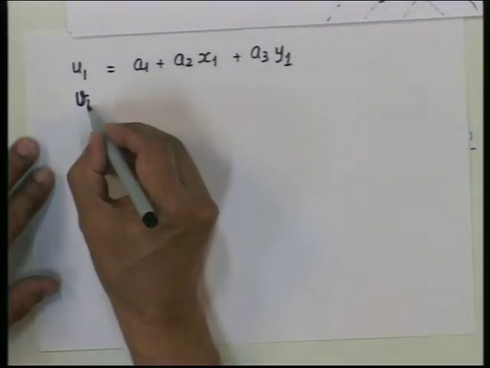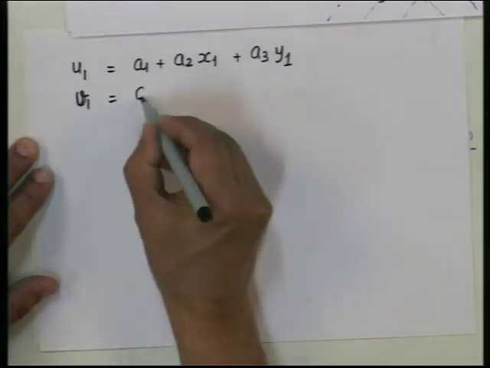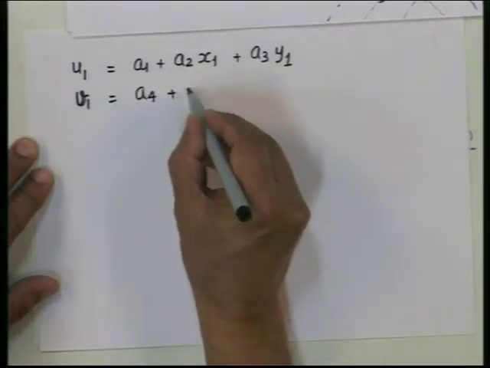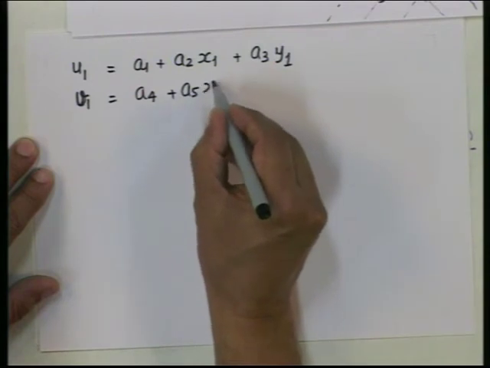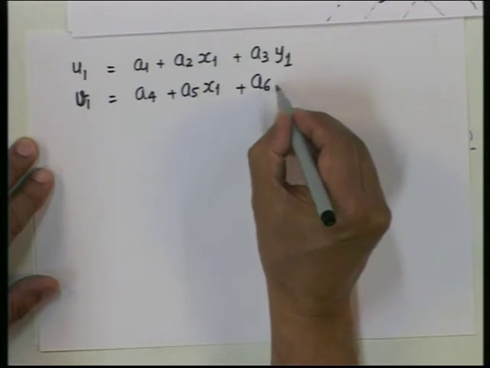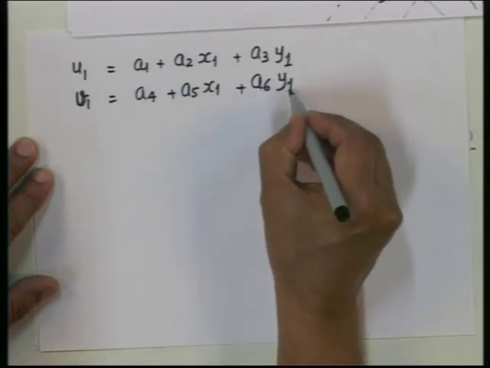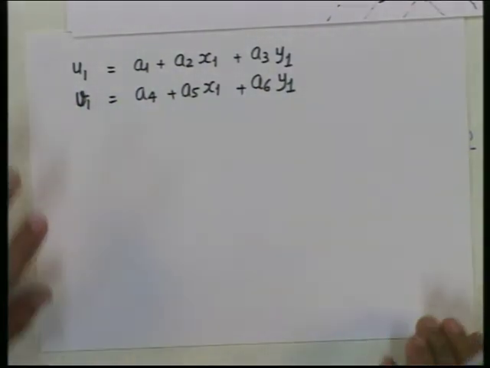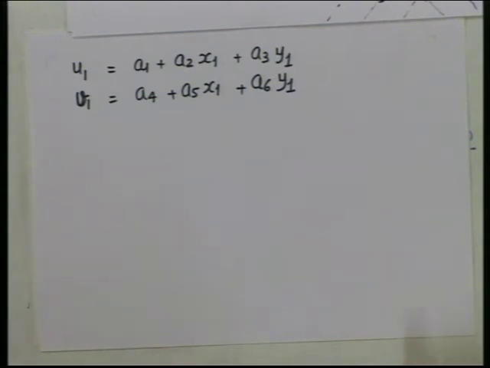V1 will be equal to a4 plus a5 x1 plus a6 y1. In fact, the patterns for U1 and V1 will be the same.